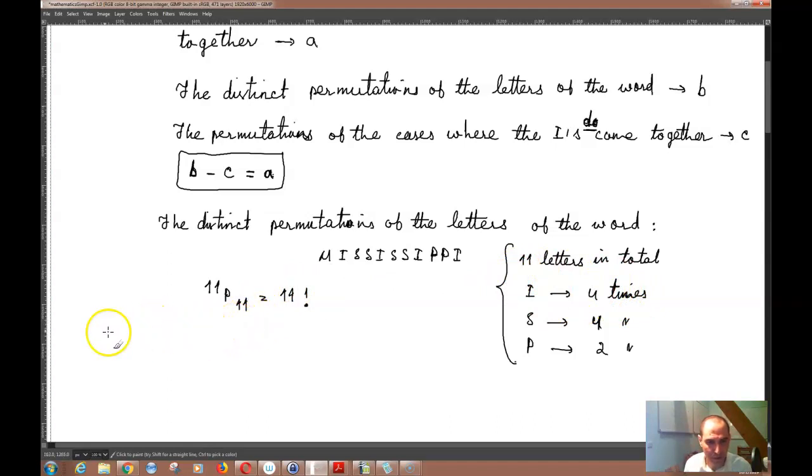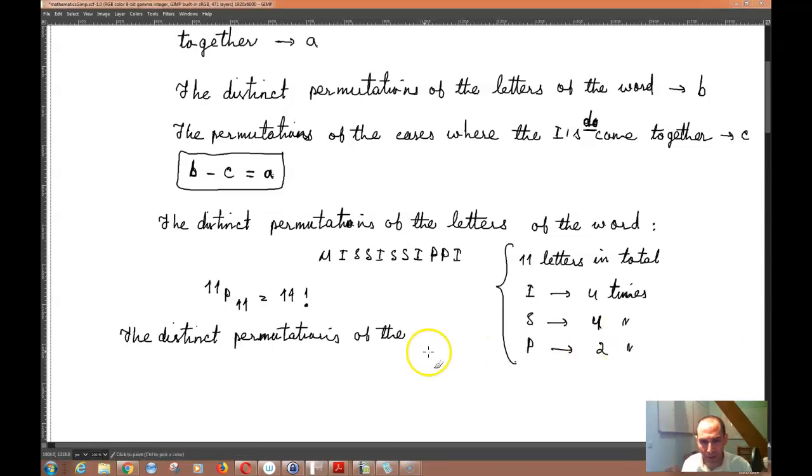So I can say that the distinct permutations of the letters of the word would be equal to 11 factorial divided by, basically, I is repeated 4 times.